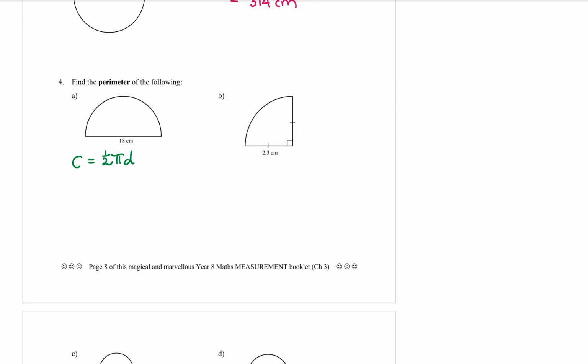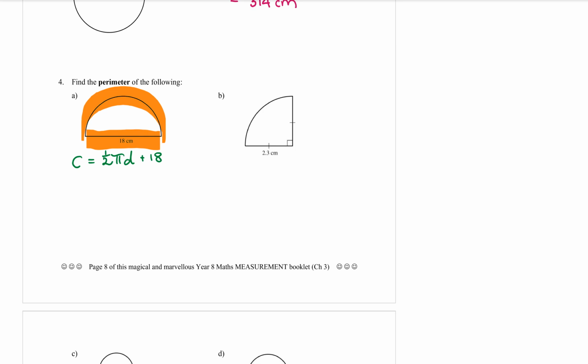I also have an extra side on there. That formula there is going to tell me how long this part here is, but the perimeter has to also get closed up with this straight side across the bottom. So I'm also going to have to add on the 18 for that straight side.